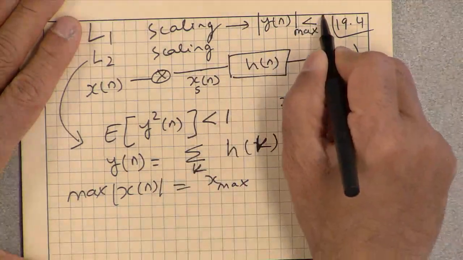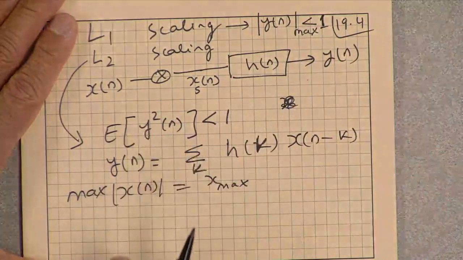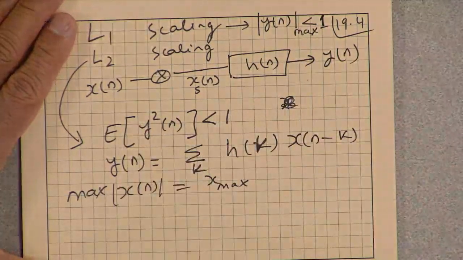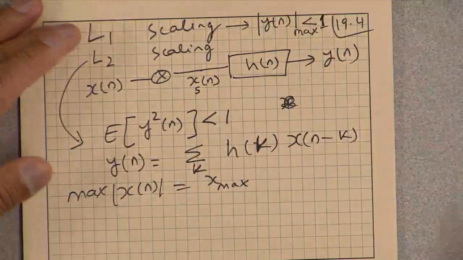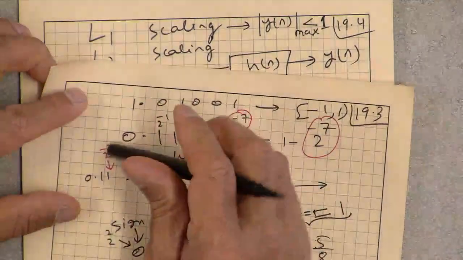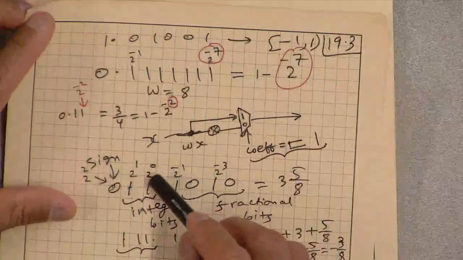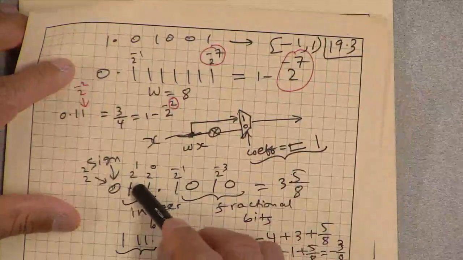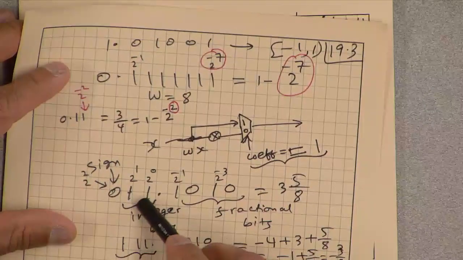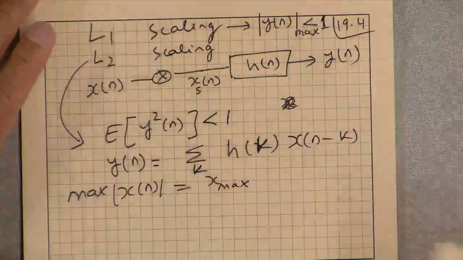Why do I say less than 1? It simply means one integer bit. There are no additional integer bits, just one integer bit, all others are fractional bits. We don't have more integer bits in the representation.